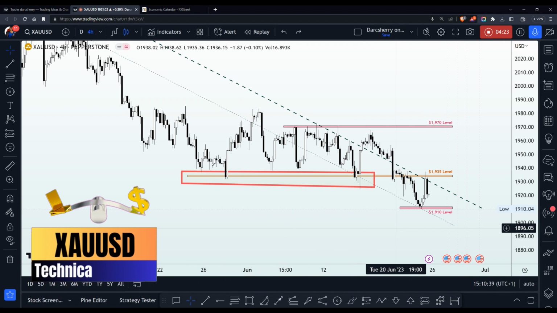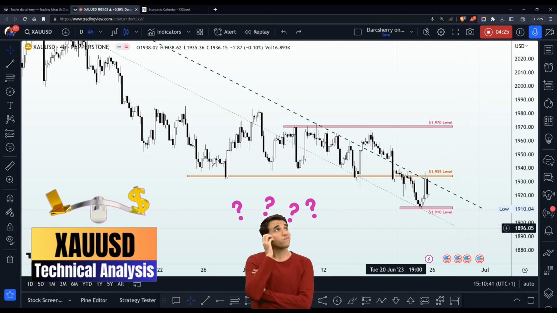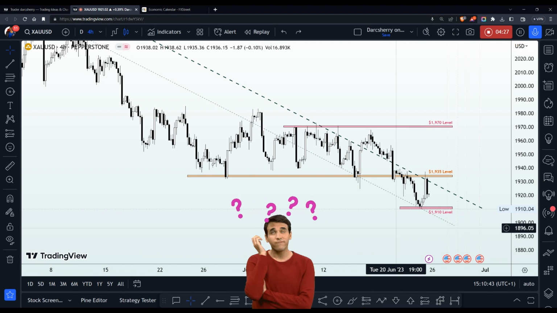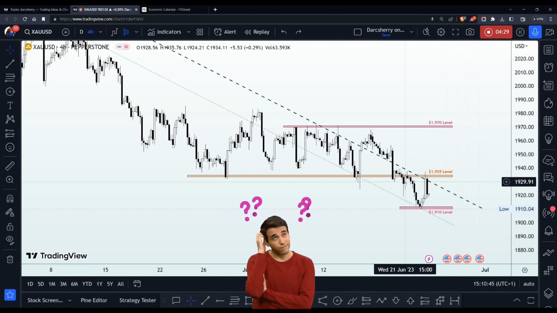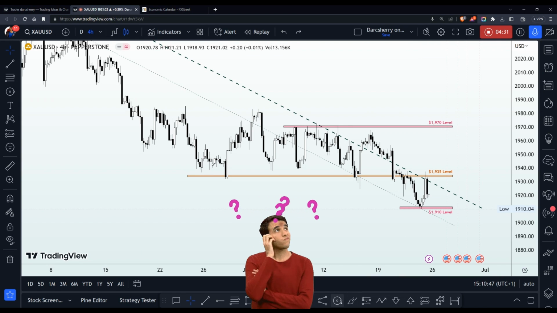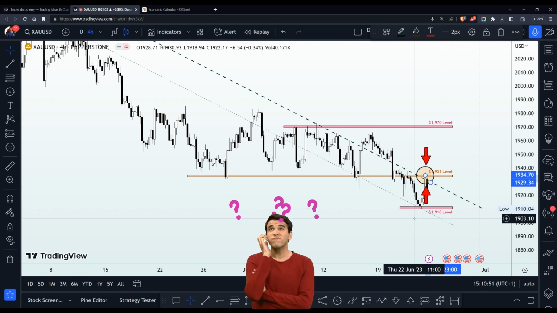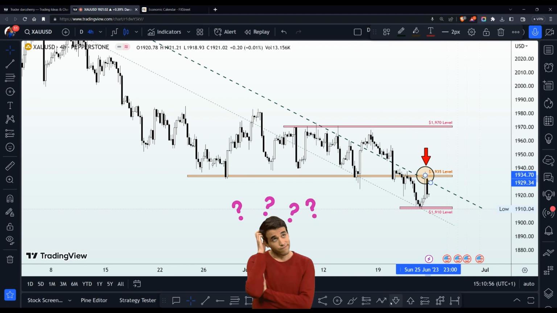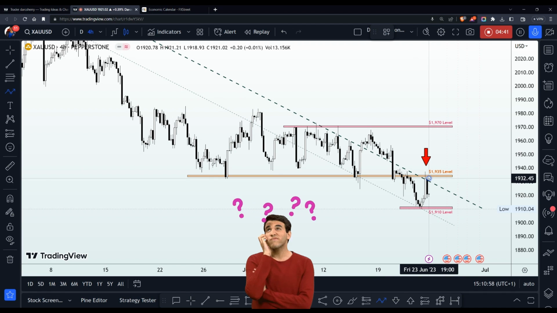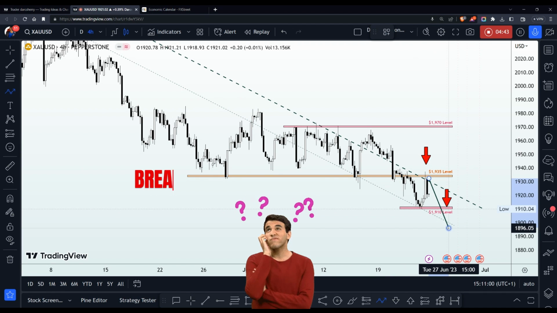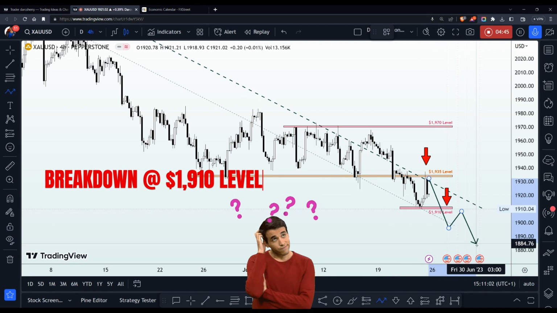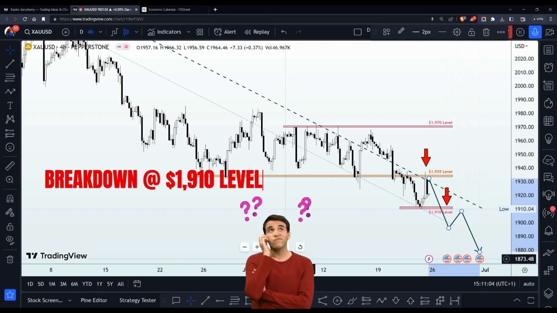Now, this brings us to a point where the next question we are going to be asking is, will this descending trend line, which also shares a confluence with our key level, be another opportunity to join a bearish momentum to the downside, that is, respect the trend line, leading to the breakdown of the 1910 to incite a bearish move?